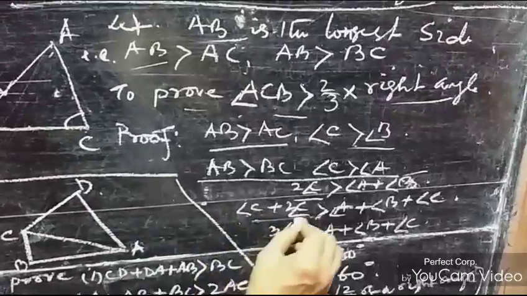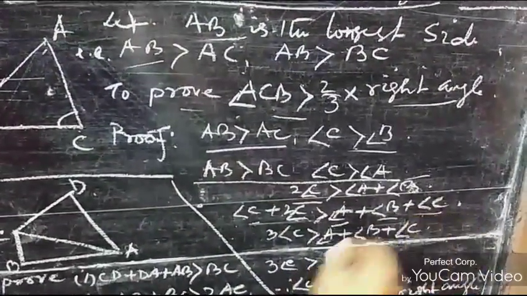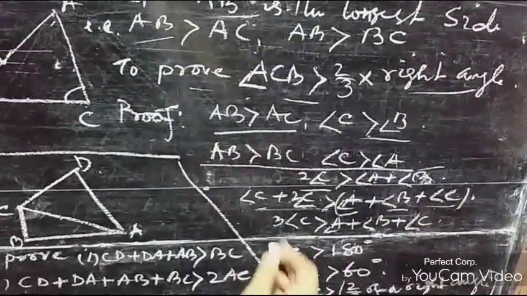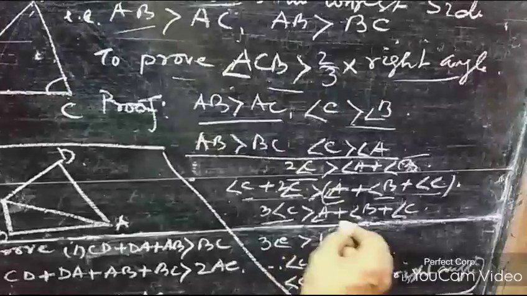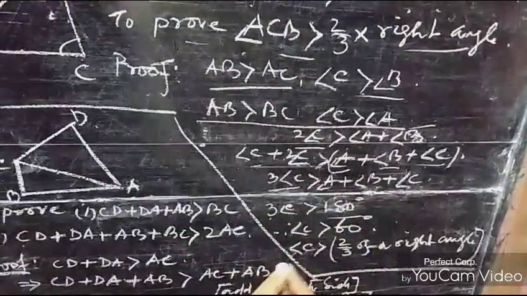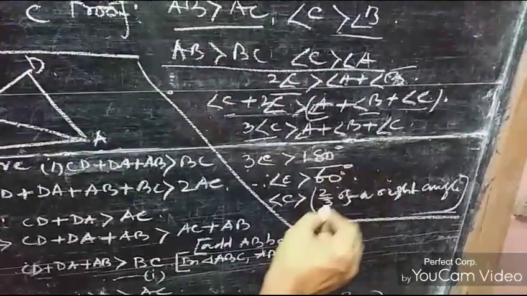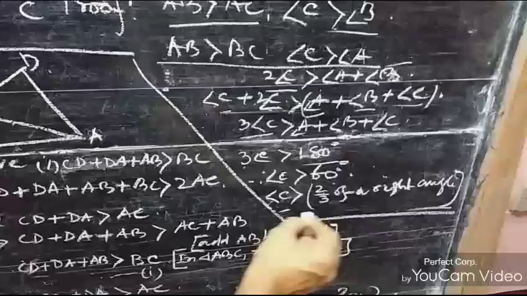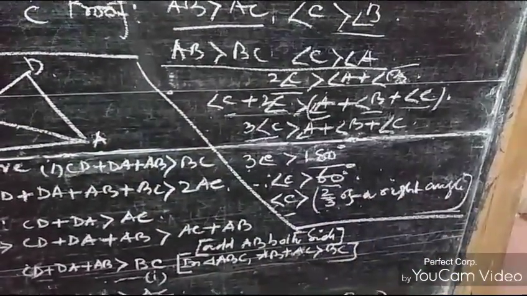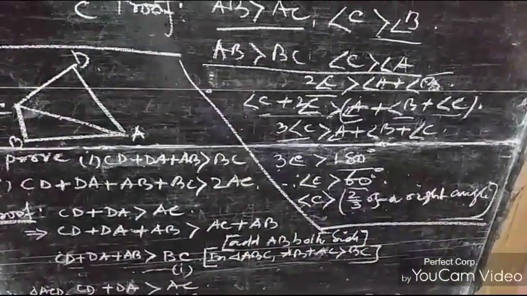Then we get 3C is greater than angle A plus angle B plus angle C. You know this is the sum of the three angles of a triangle, equal to 180 degrees. So 3C is greater than 180, then C is greater than 60 degrees. And 60 degrees is equal to 2/3 of a right angle. So angle C is greater than 2/3 of a right angle.